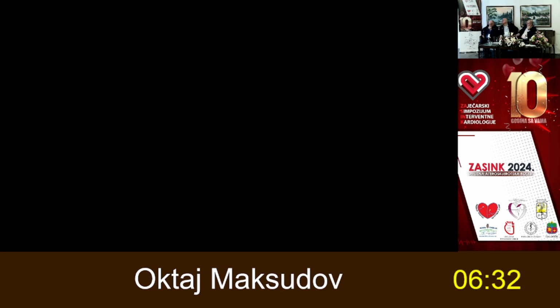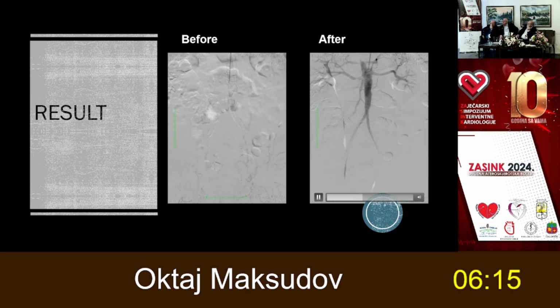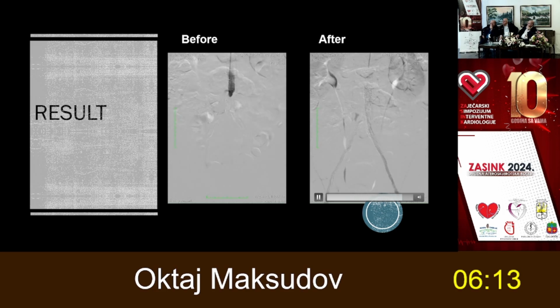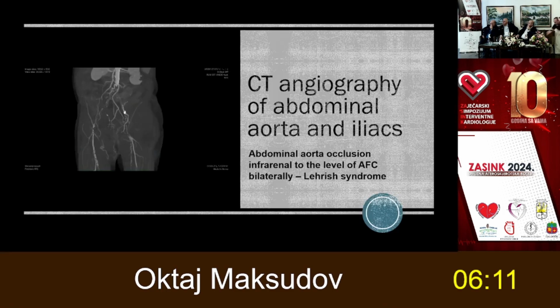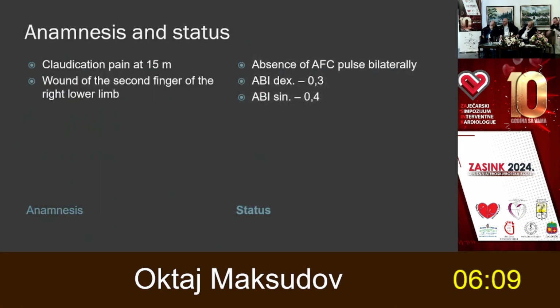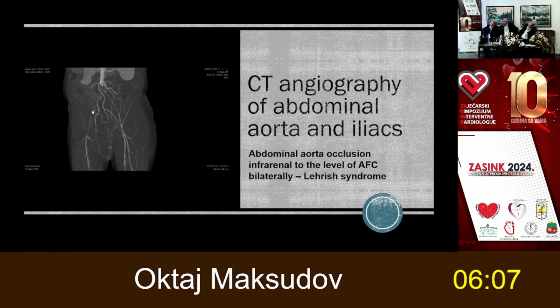Then I placed a wire into the left femoral artery and I punctured the left femoral artery just to be 100% sure that my puncture is exactly at the right place, and as you can appreciate, we have just at the top of the femoral artery the femoral bone.